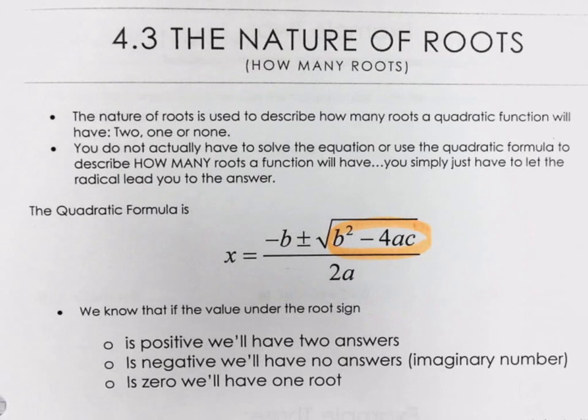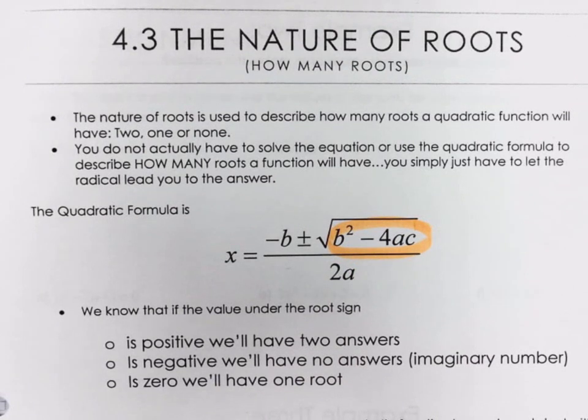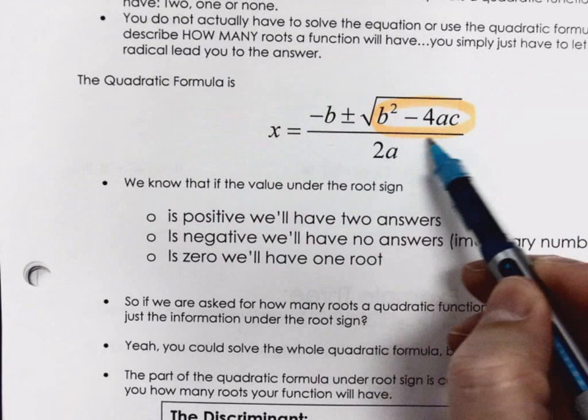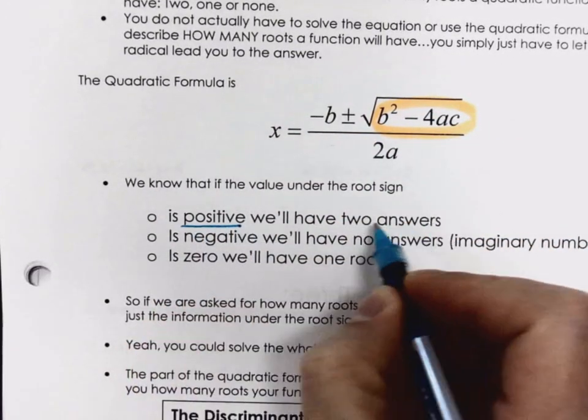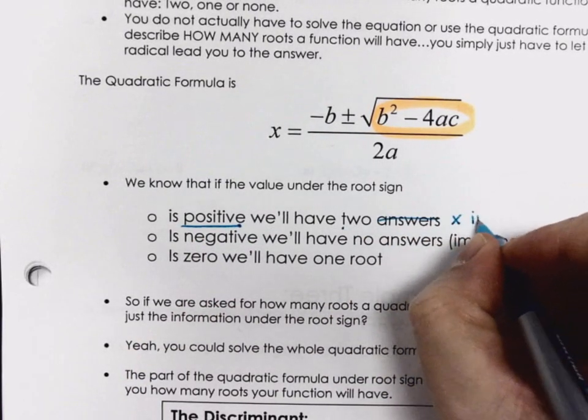But if it's not in vertex form, you could just use the stuff under the root sign to calculate how many x-intercepts we have. So if the stuff under the root sign comes out to be a positive, we're going to have 2 x-intercepts.